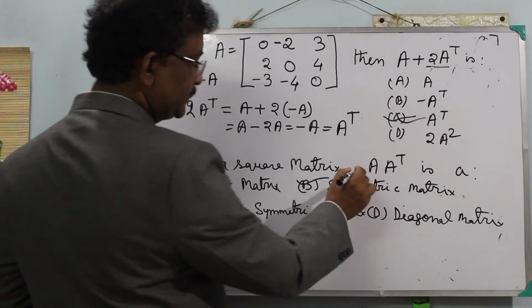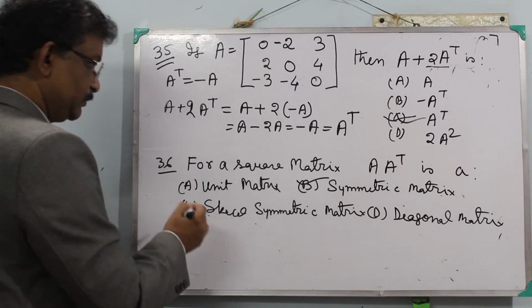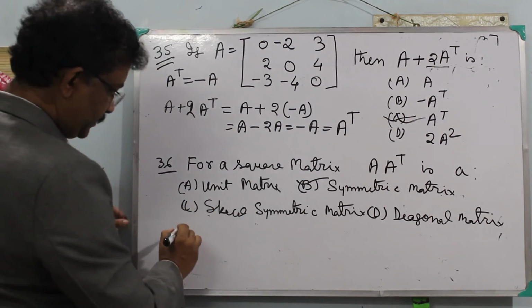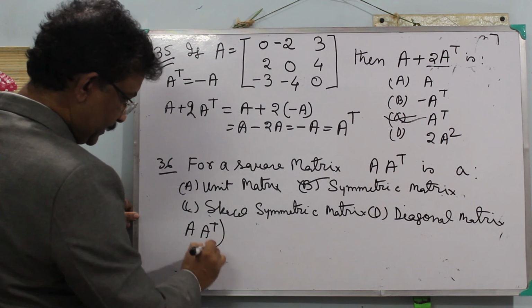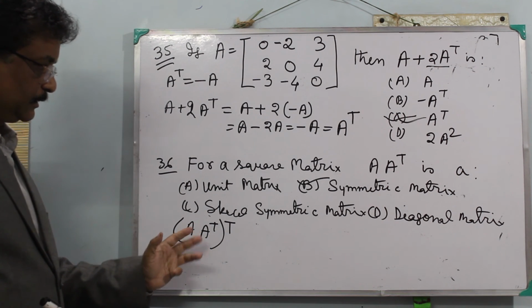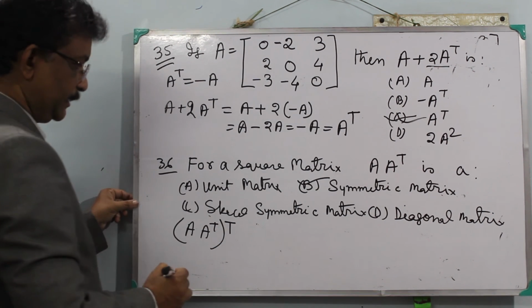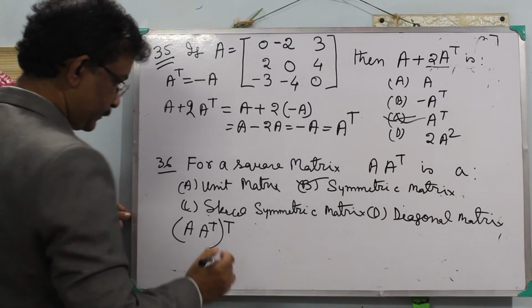For a square matrix, A and A transpose is a unit matrix, symmetric matrix. The answer is symmetric matrix. So how will you judge? I will transpose the entire product, and transpose it again. If I see the same thing comes, then it is symmetric.